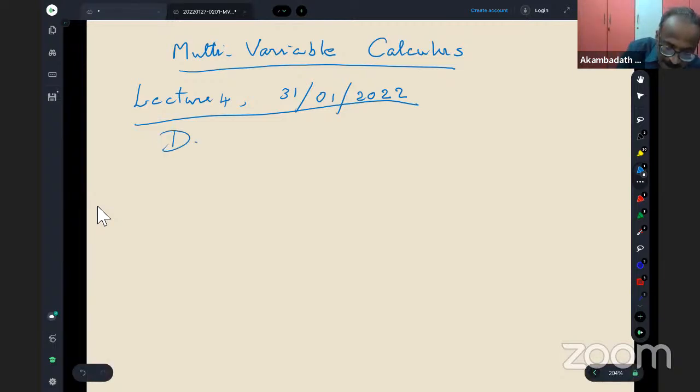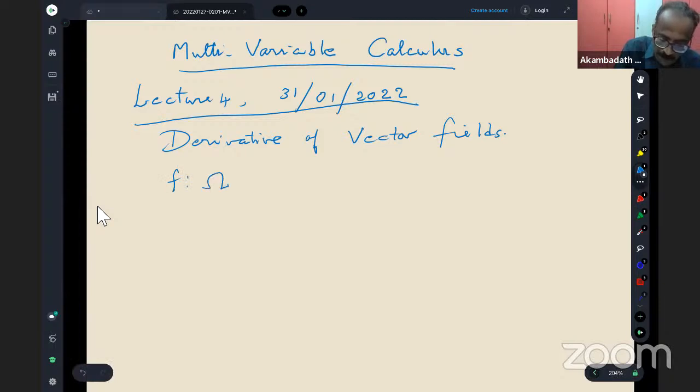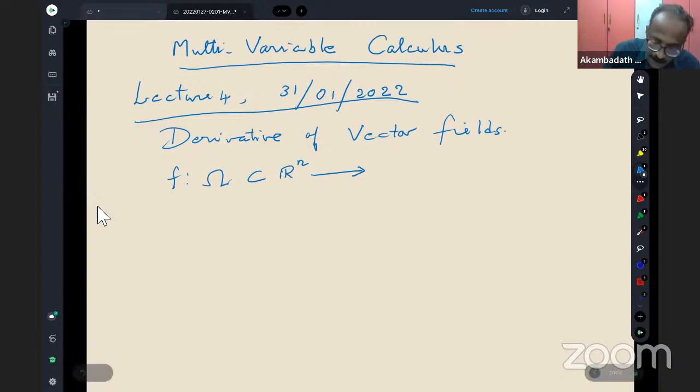All right. So today we will do the derivative of vector fields. Since we have done all the groundwork for the scalar field, this is now quite easy. Derivative of vector fields. So what is it? You have an f from Omega in Rn to Rm.